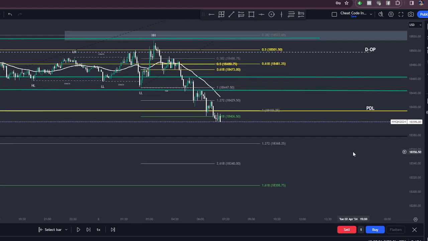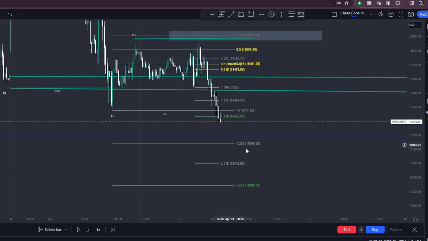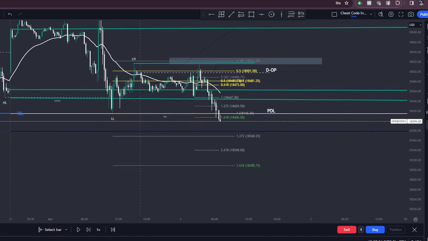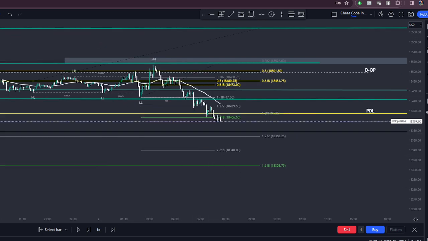Is it going to hit the larger time frame? I don't know. It's all the way down there. So let's go to M5. Let me finish this out.